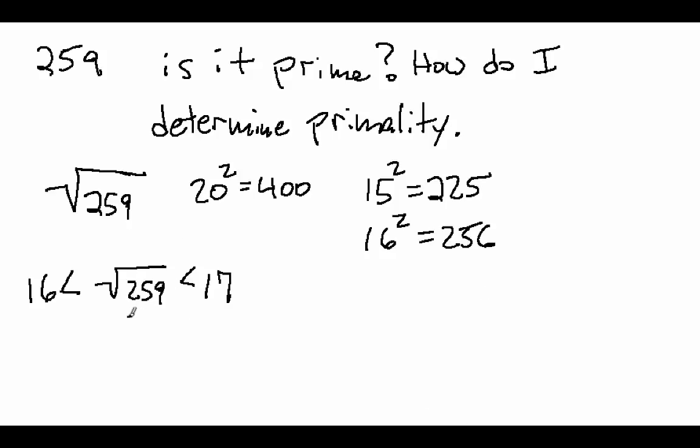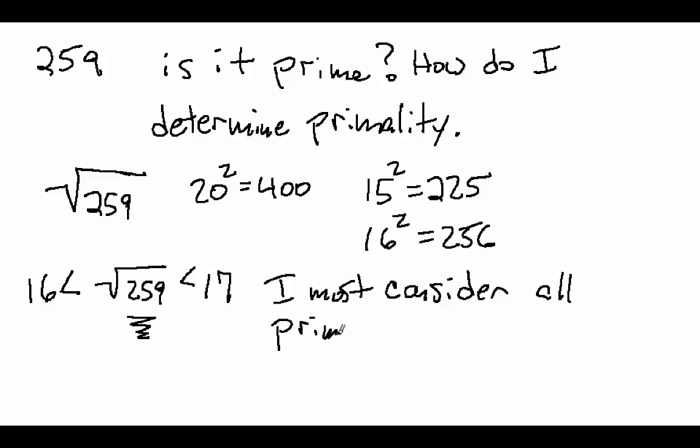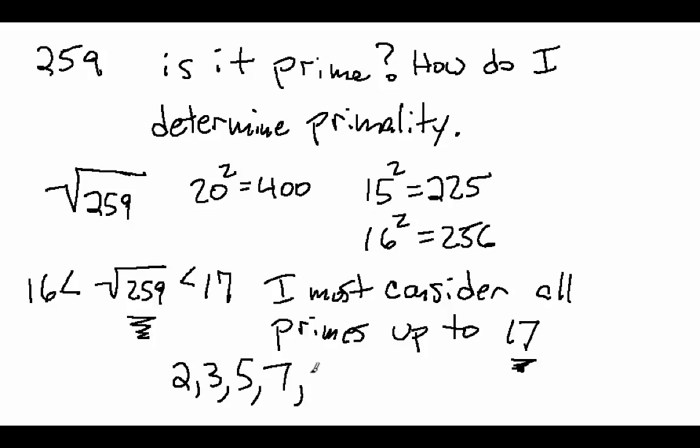Now, to check whether 259 is prime or not, I must consider all primes up to 17. So let's consider that for a second, and I'll explain why I have to only consider them up to 17 in a second. But what primes are there up to 17? Well, there's 2, there's 3, there's 5, there's 7, there is 11, and there is 13.